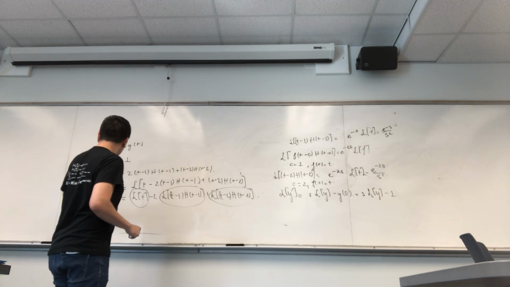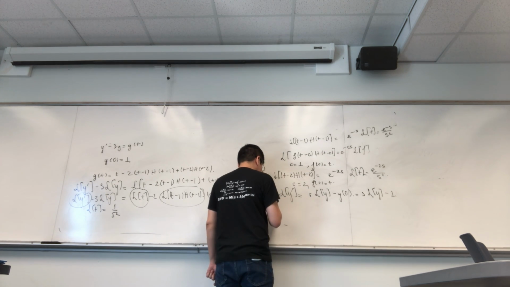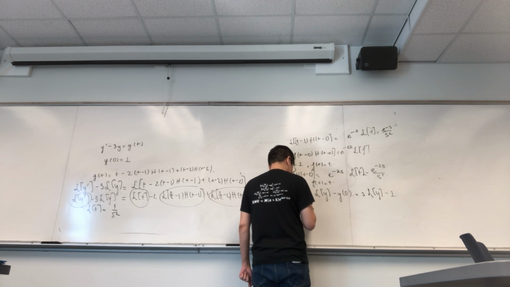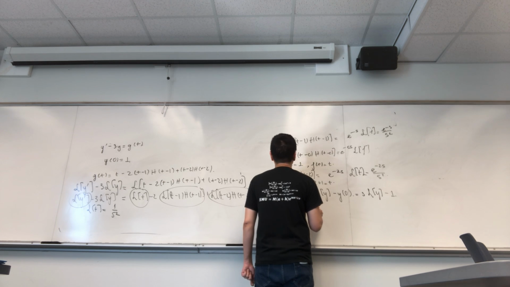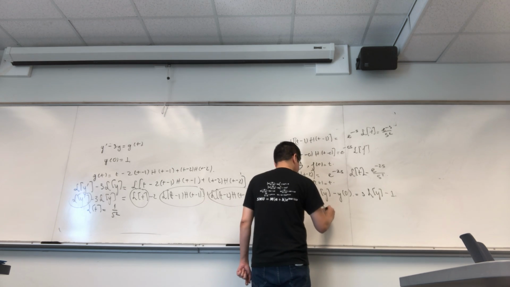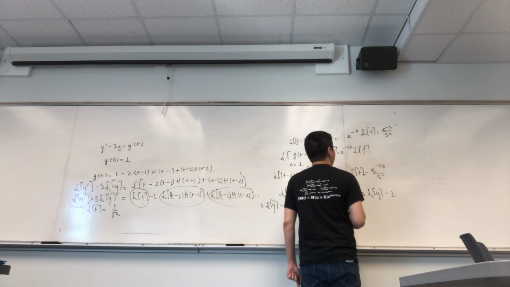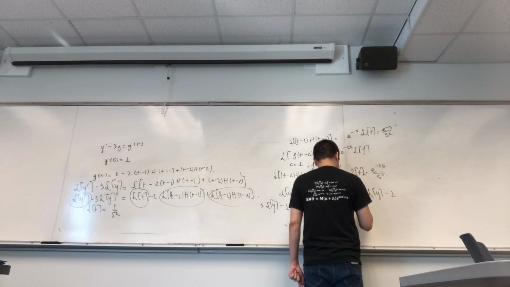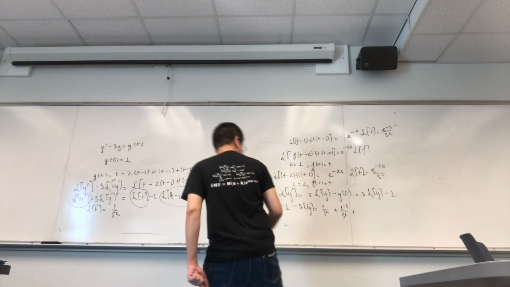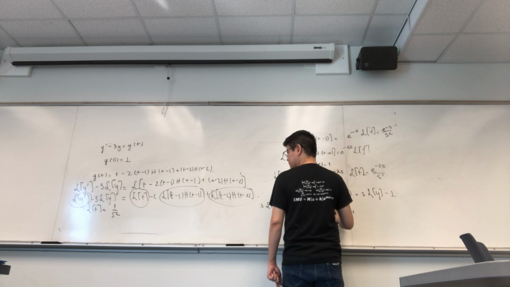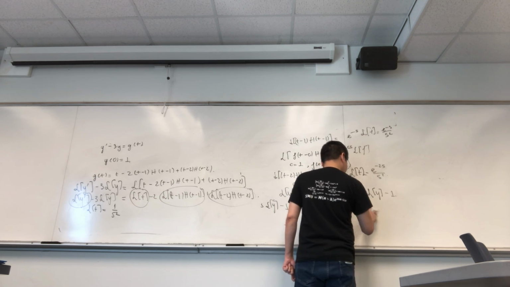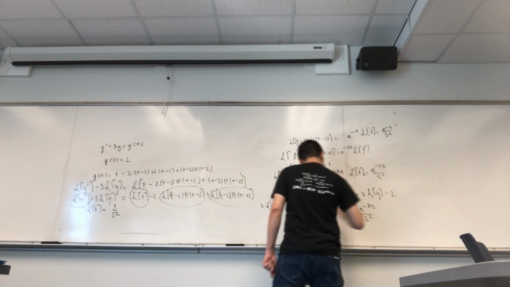So you plug everything back into the equation. You have s times the Laplace transform of y minus 1 minus 3 times the Laplace transform of y is equal to 1 over s squared minus 2 times e to the power minus s over s squared, and then you have e to the power minus 2s over s squared, right?